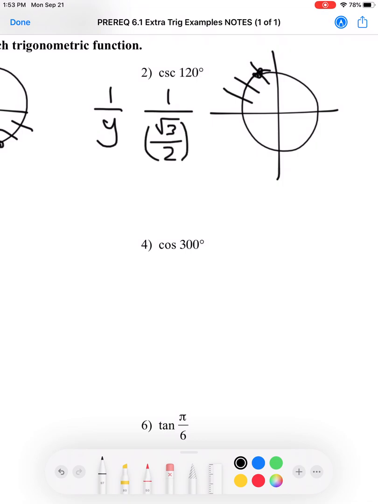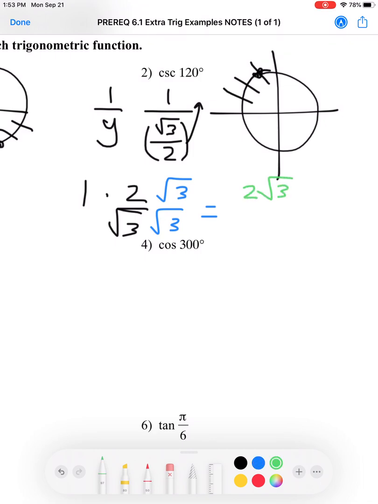And if you remember our rules, we're going to take that and turn it into the reciprocal. So I end up with 1 times 2 over root 3, which I then have to rationalize, the top and the bottom. Root 3 times root 3. So my final answer is 2 root 3 over 3. Positive.